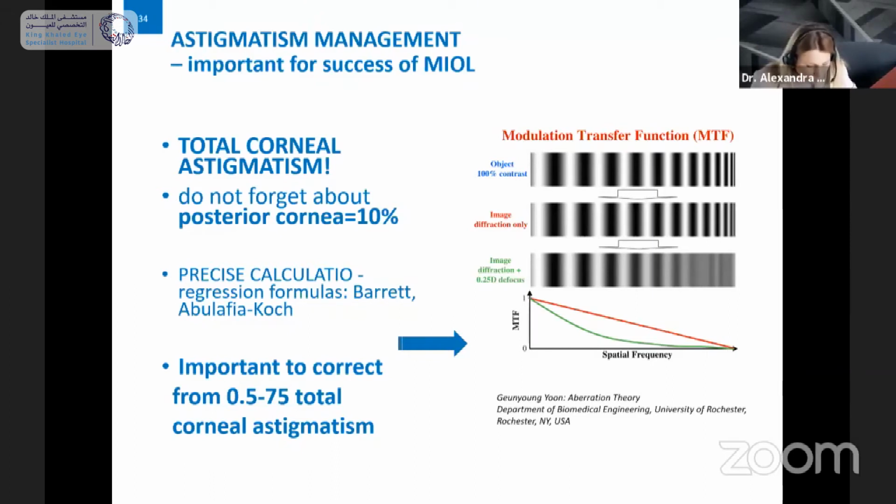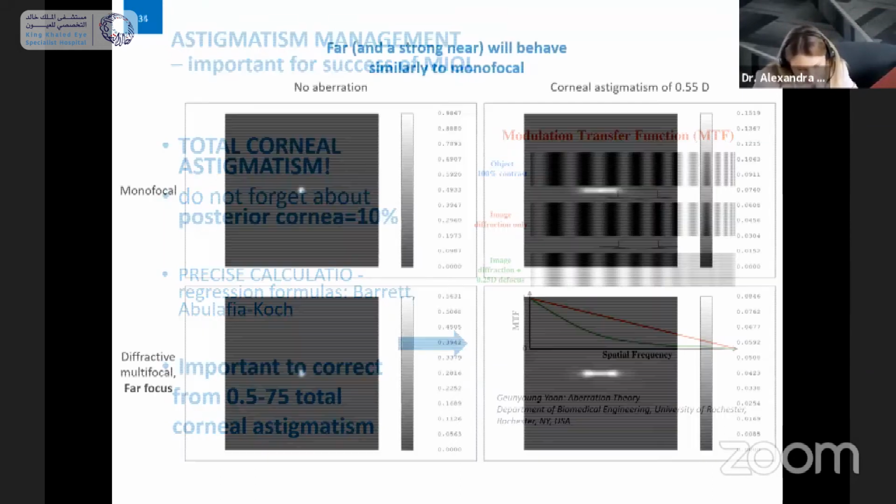As for the multifocal IOLs, it's extremely important to correct astigmatism already from 0.5 or 0.75 diopter total corneal astigmatism.